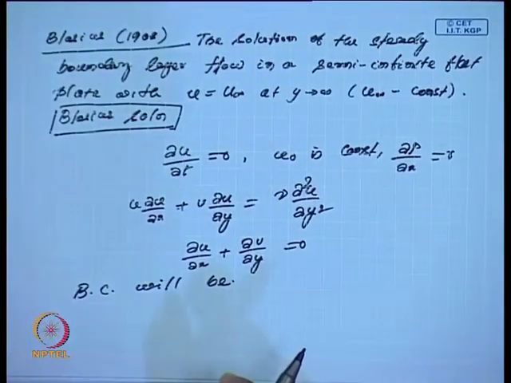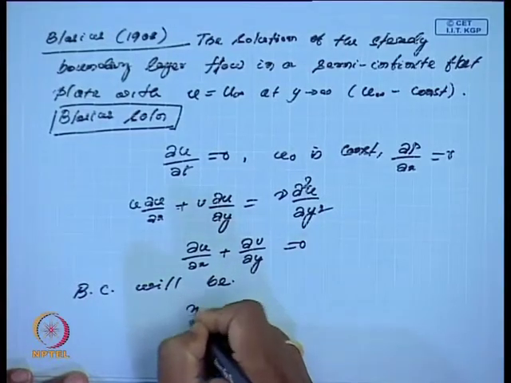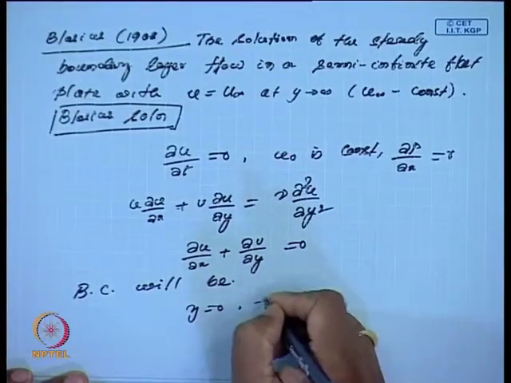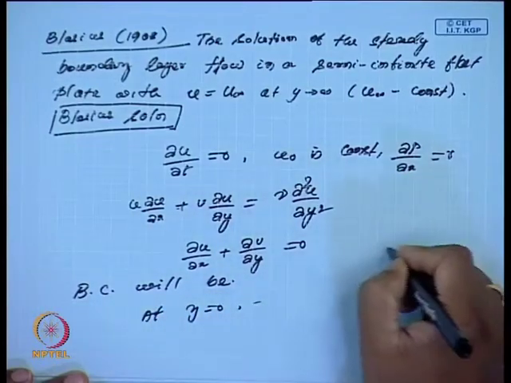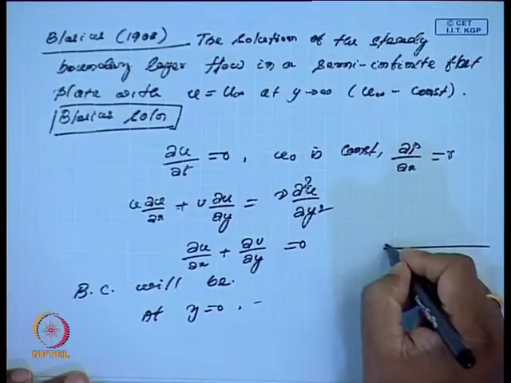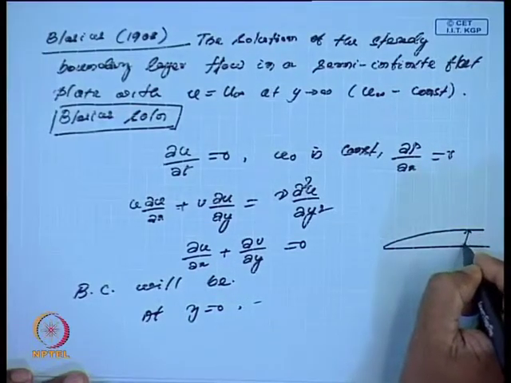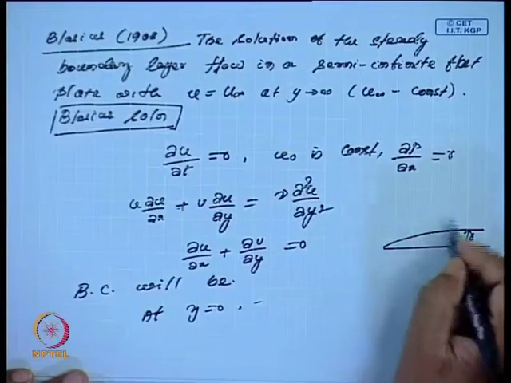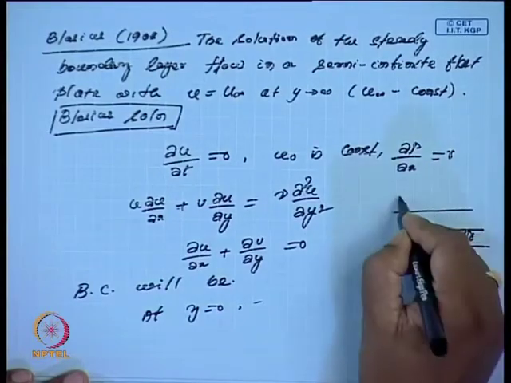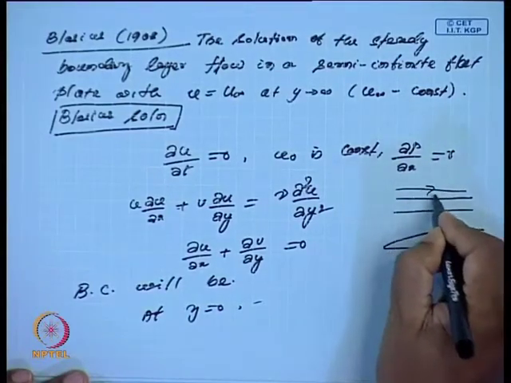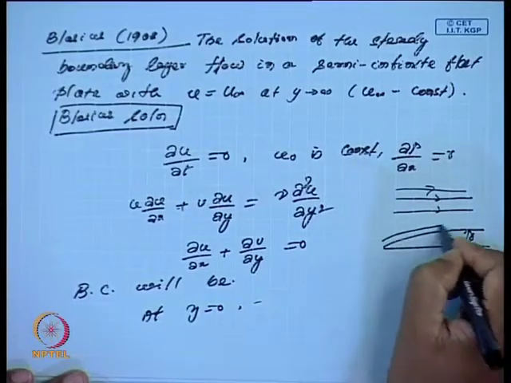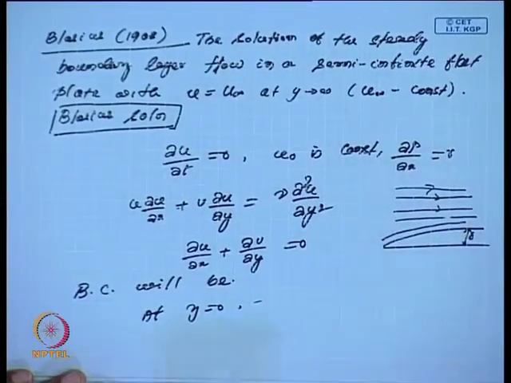Here the boundary conditions are: at y equal to 0, basically it is a flow beyond this, the flow is like this.